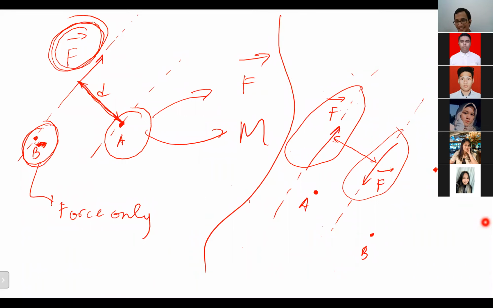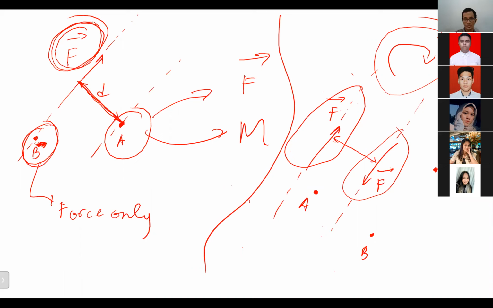I see. So that's the difference between moment and couple. But you can actually represent a couple as a moment as well, like this. So you don't have to represent a couple as two forces like that, because it's simpler to just put it like this. Do you get it? So that's the special thing about a couple. It will not give any force effect to any point of the body, but it will only give a moment effect.